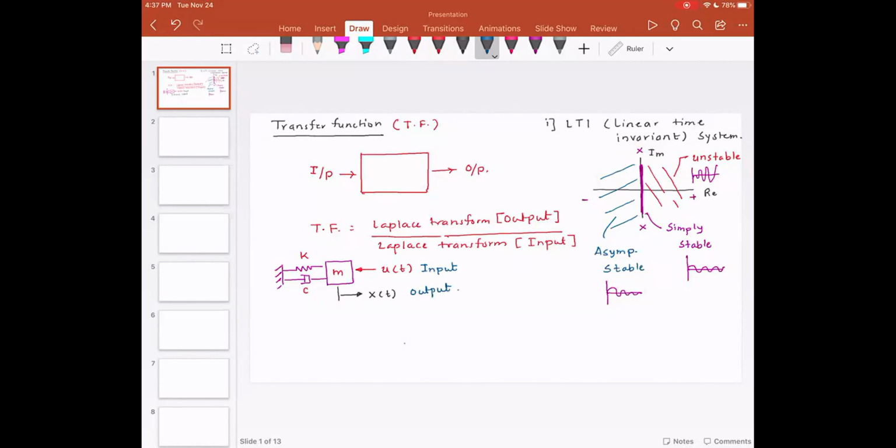Now, the reason I'm saying this is input is because if you think about the system, initially the system is at rest. If you start applying U of t, maybe a sinusoidal force, then the system would start oscillating back and forth. In other words, X would be sinusoidal.